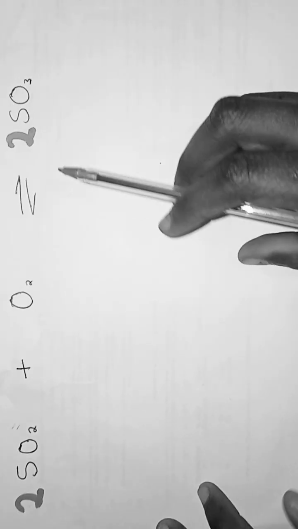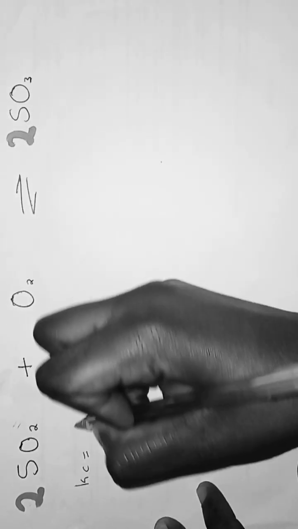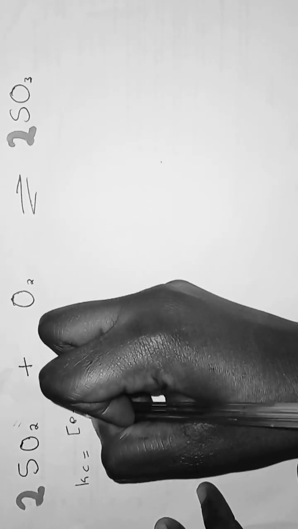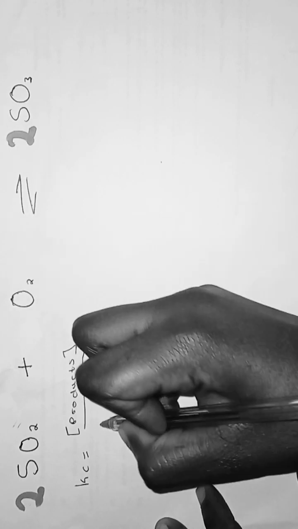So I'm going to use the formula of Kc to calculate the value of X. Kc is equal to products all over the reactants.